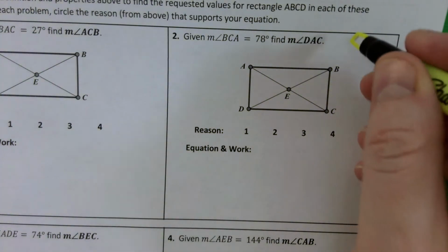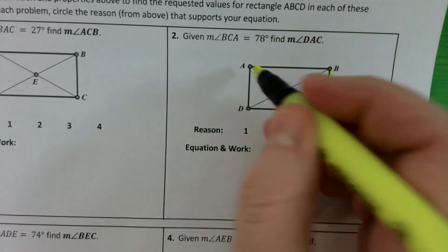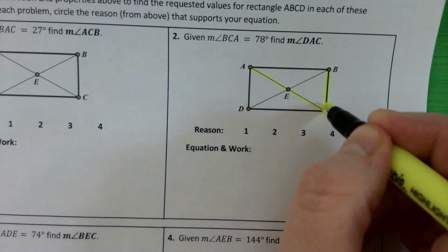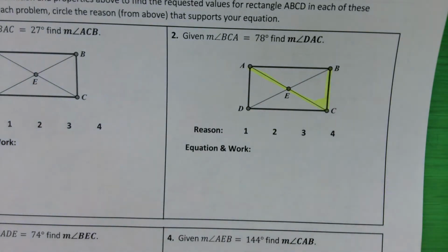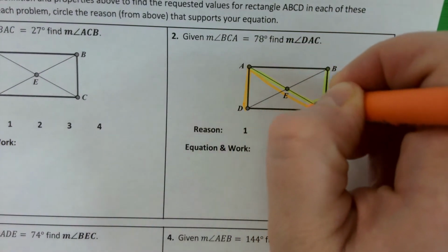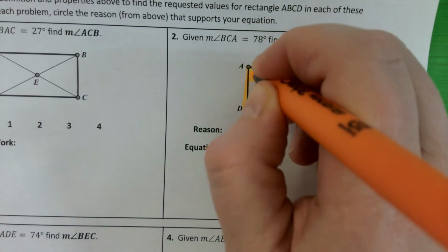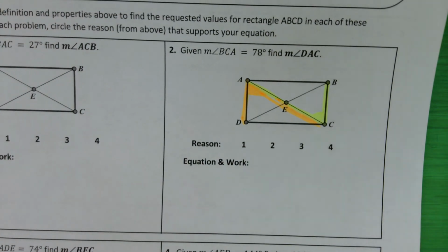Nope, not BCA in angle A. Let's try that again. BCA is right here, this angle right there. And then we have the angle DAC, and they want us to find this angle here in orange. Okay, so rectangles are parallelograms.